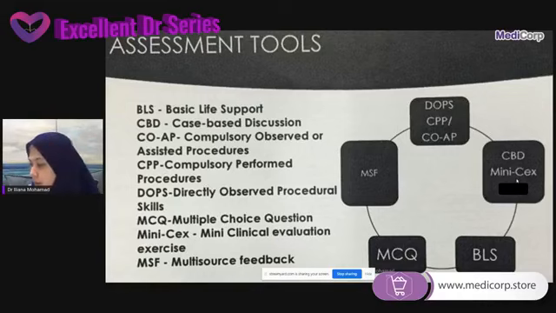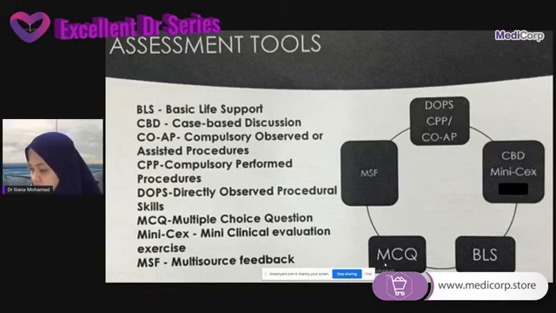For medicine, you will need to pass your basic life support, but most hospitals include BLS during hospital orientation, so no issue, it means you already passed BLS before you start your first posting.